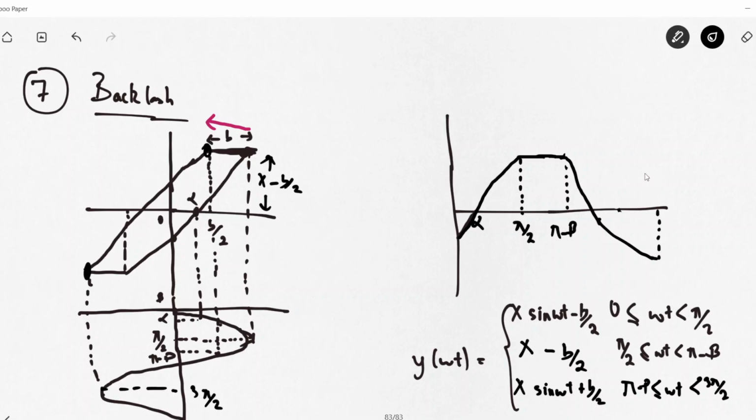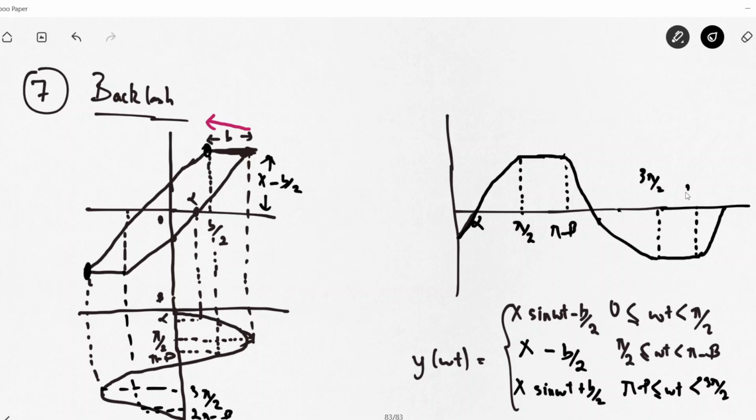This will be up to 3 pi by 2, and from 3 pi by 2 to 2 pi minus beta, that will be somewhere around here. Our output will again be saturated, and then from 2 pi minus beta to 2 pi rather, we will again be having a sinusoidal output waveform.